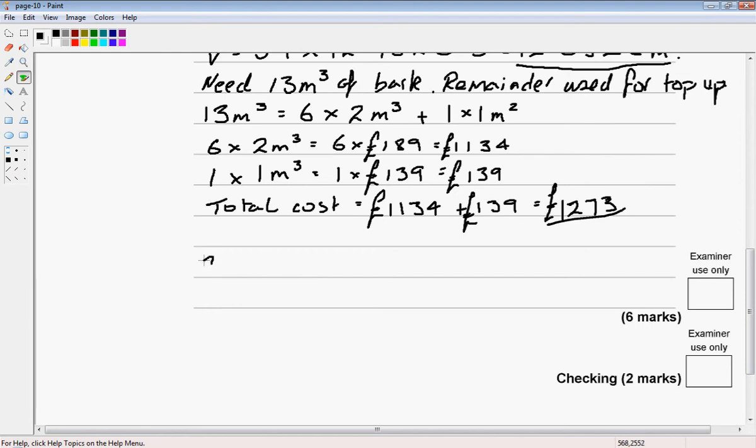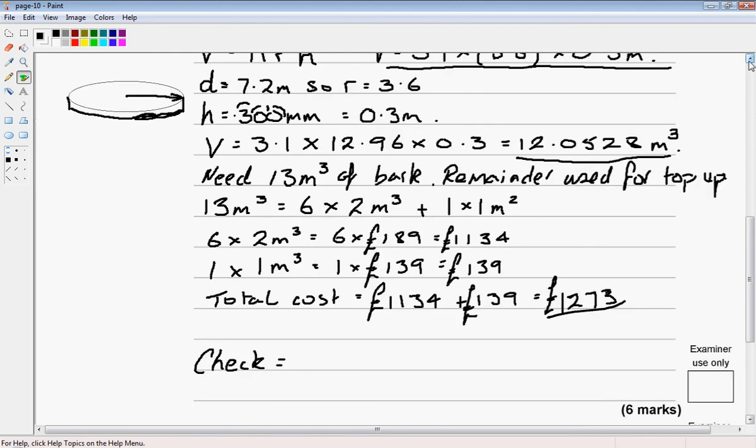So now what we've got to do is check one of these calculations. So if we just write check equals, now we could take really any one of these calculations, okay. It's just what seems useful to you.